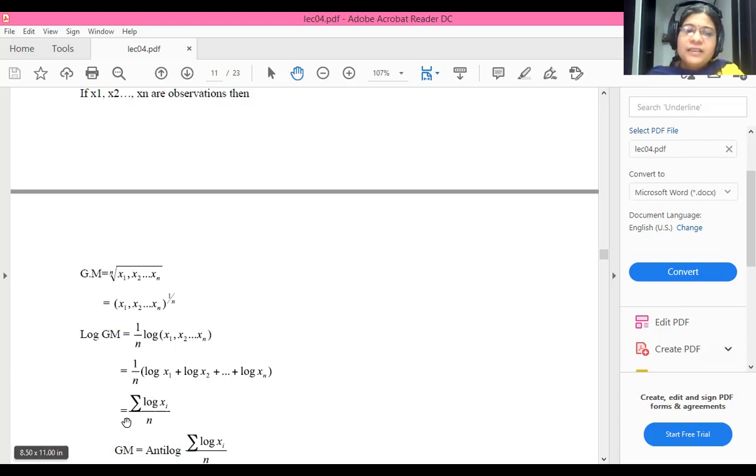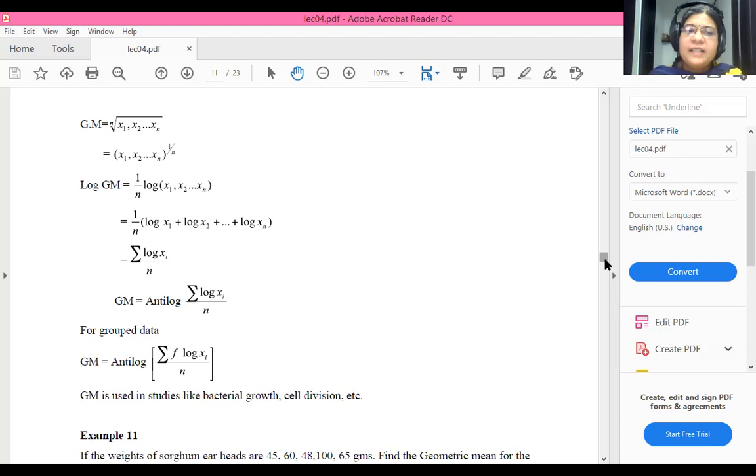So that is equal to summation of log of xi divided by n. Now this is the log of the geometric mean. To find the actual geometric mean, you take the anti-log. When there is a log, to find the answer you take the anti-log. So geometric mean is equal to anti-log of summation of log of xi divided by n.